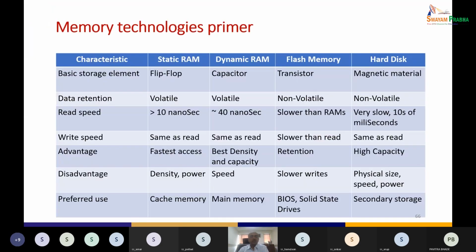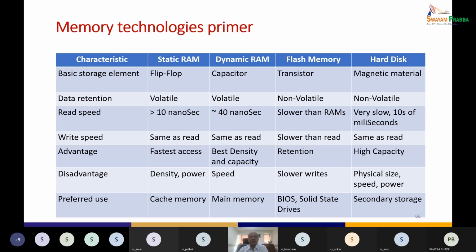Here we see that in a computing system there are typically four types of memories: static RAM, dynamic RAM, flash memory, and a hard disk. Here is a comparison of what is inside each of these. Beginning with static RAM, it has a flip flop which can take two states, 1 or 0.